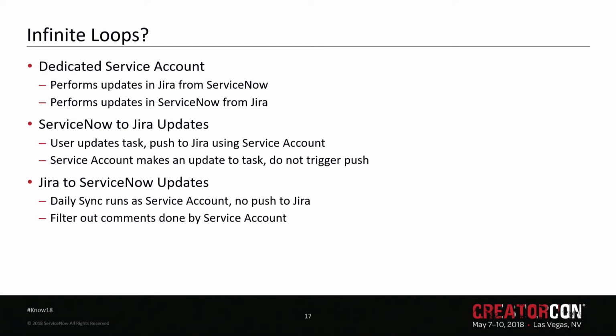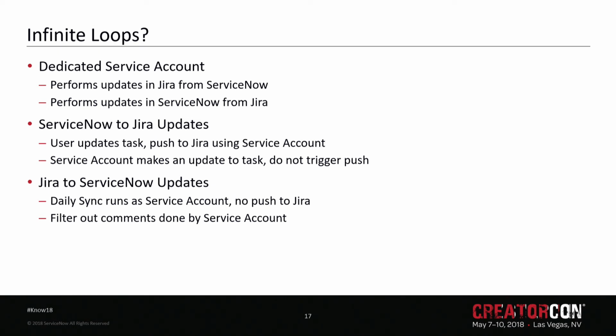So what I did is I created a dedicated service account, and this is the sole account that handles the updates back and forth. Whenever a record in ServiceNow is updated, this is the one responsible to make that API call to JIRA. So as far as JIRA is aware, no matter who made that update in ServiceNow, it's a service account that's applying that over to JIRA.